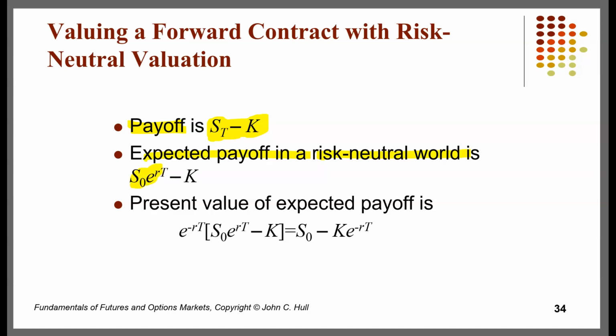So that would be the future value of S0 minus the forward price. And the present value of the expected payoff would simply be equal to the present value factor multiplied by the payoff. And when you remove the brackets, what you get is the value of the forward contract, which would be equal to the spot price minus the present value of the forward price. That's exactly what we had earlier when we worked on futures and forwards.